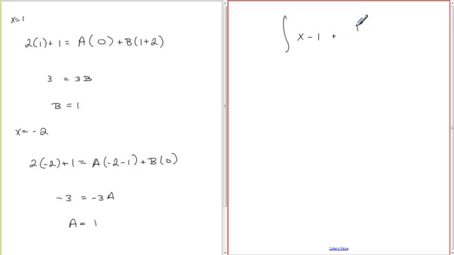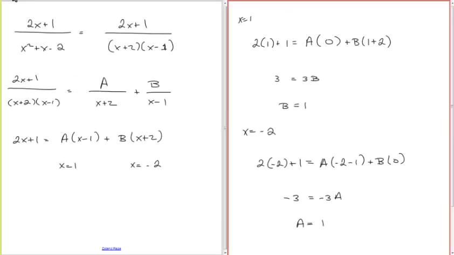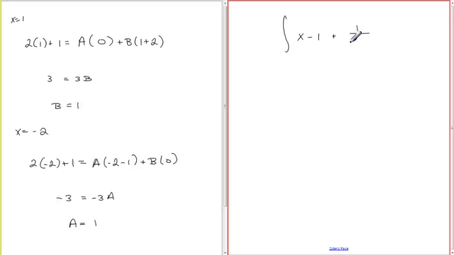We have a over x plus 2, so it's 1 over x plus 2 plus 1 over x minus 1. All four terms multiplied by dx.